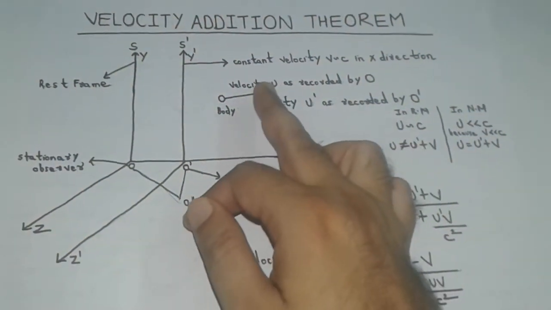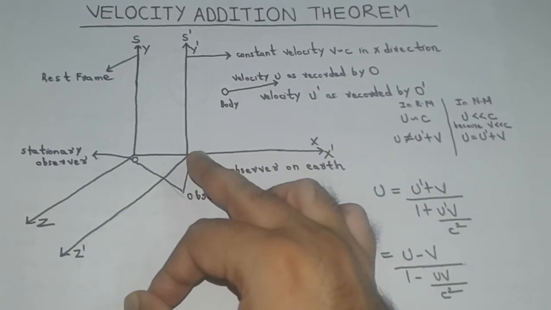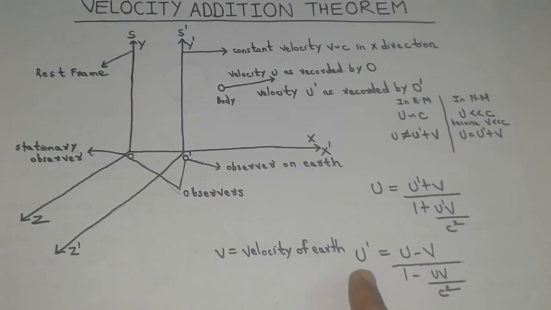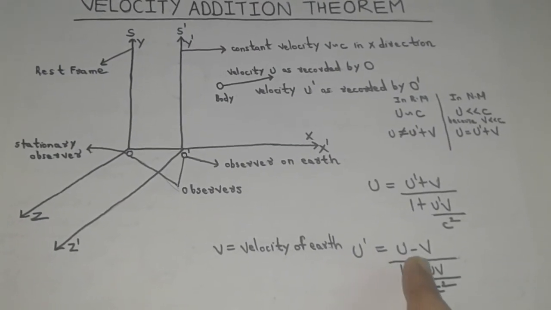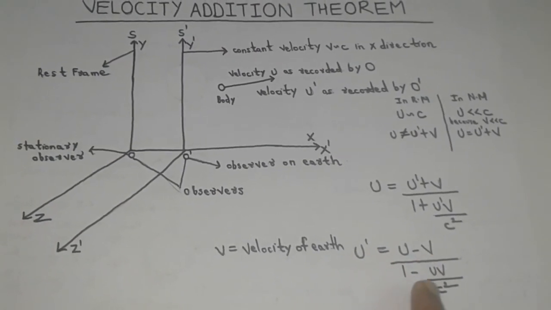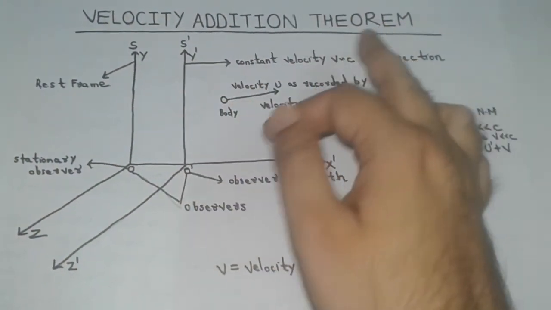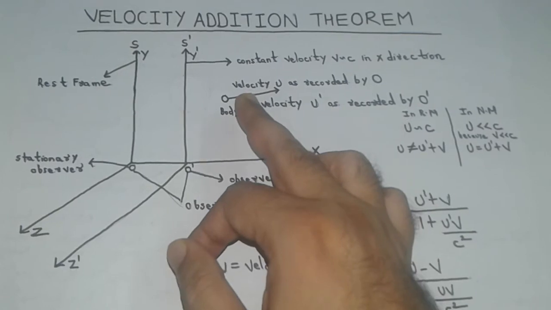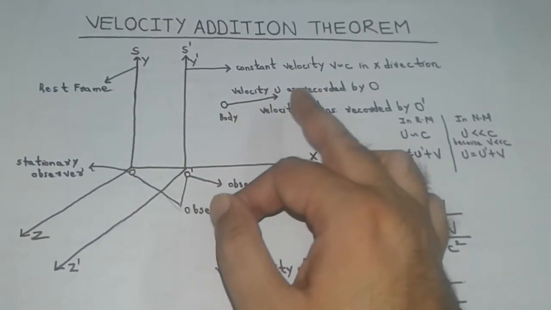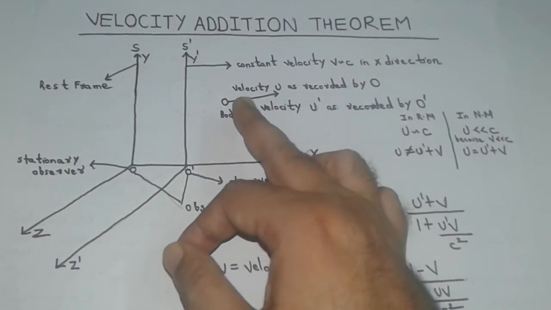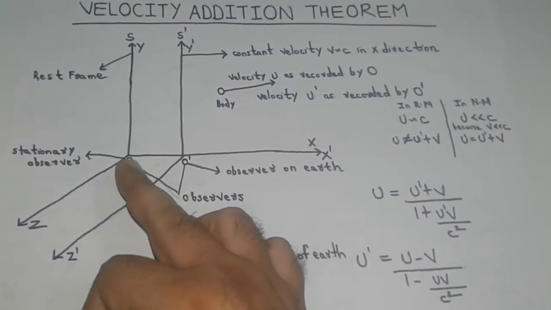So this velocity of body relative to observer O dash on Earth, which is U dash, is given by U dash equal to U minus V upon 1 minus UV upon C square. Thus velocity addition theorem is applicable in relativistic mechanics when the velocity of a body is very high, comparable to velocity of light, relative to a stationary observer.